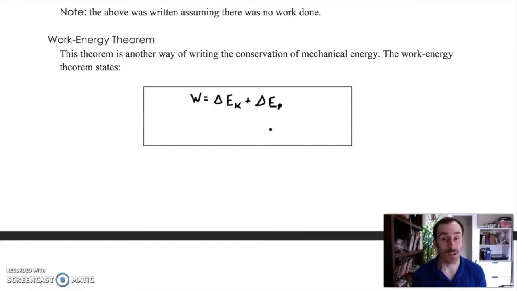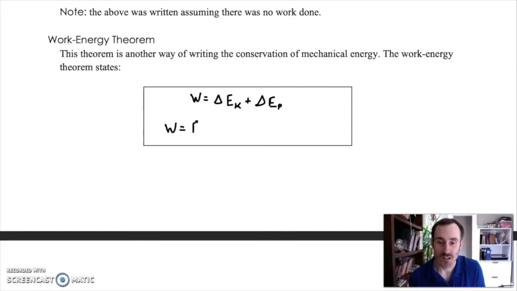Now it could be, in a perfect system, that there was no loss, and so whatever change there was in kinetic energy would be picked up by the potential energy. So maybe there was a loss of 5 joules of kinetic energy, and then it was gained by the potential energy. So in that case, the work done would still be 0, in which case the conservation of energy formula still works.